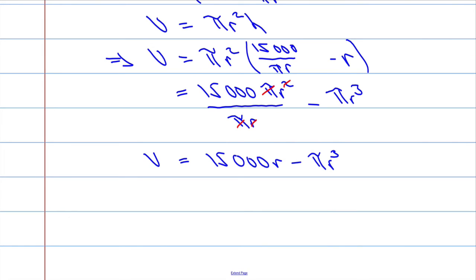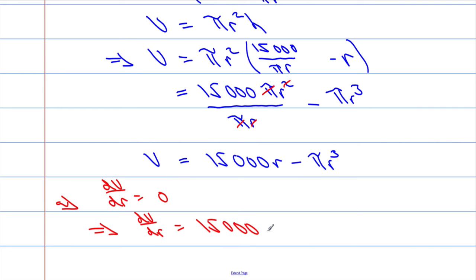So, to show the maximum, the max occurs when dV/dr, the derivative of v with respect to r, is equal to 0. So let's get dV/dr. Differentiating this, we get 15,000 minus 3 pi r squared.